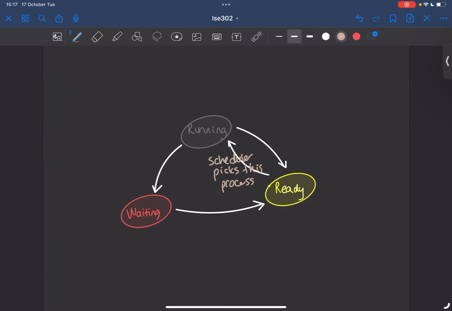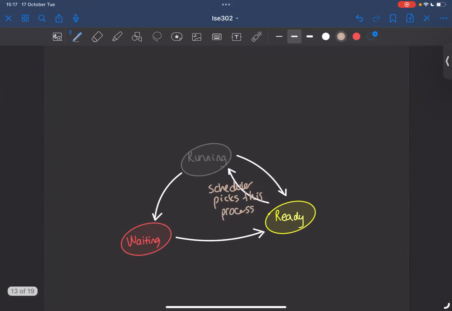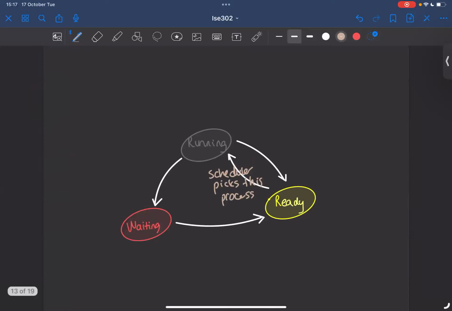So it selects it to run on the CPU. A process which is in the ready state is selected by the scheduler to execute. Now this process is currently using the CPU for its task, and it's in the running state. You can imagine several tasks waiting for their turn. When it's time, the operating system chooses one task to start working, okay?